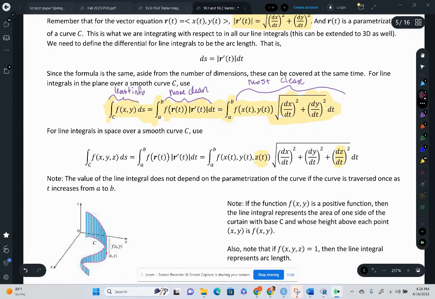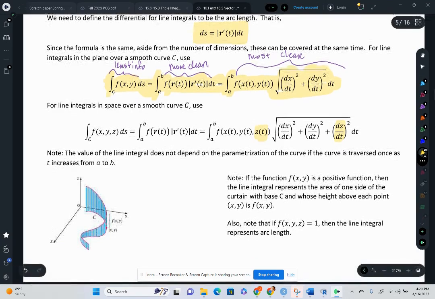So in each one of these, you need to remember that we're using ds is equal to the magnitude of r prime of t dt. Now, the value of the line integral does not depend on the parametrization of the curve if the curve is traversed just once as t increases from a to b.